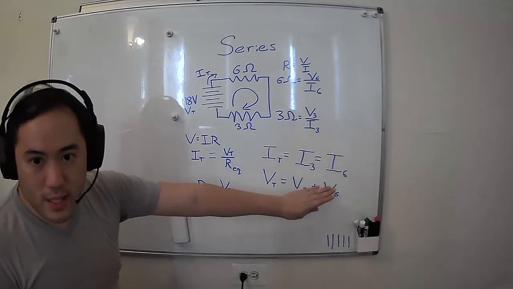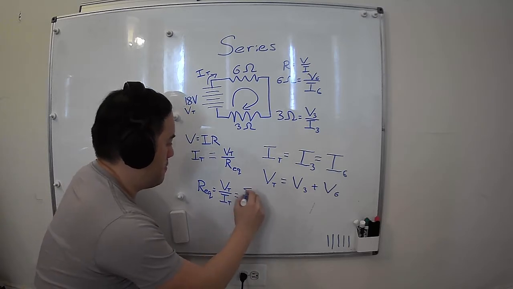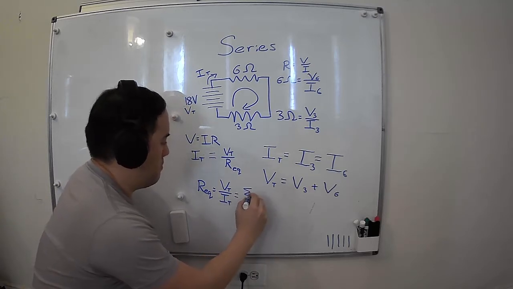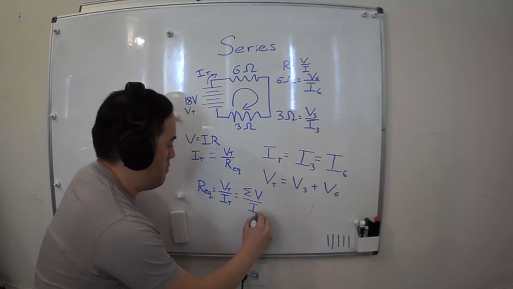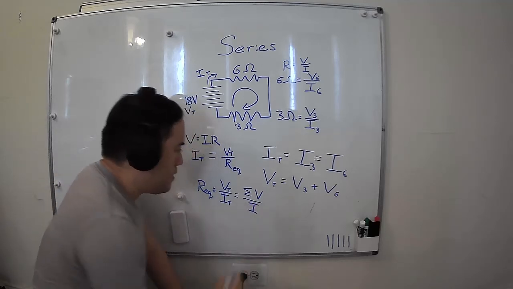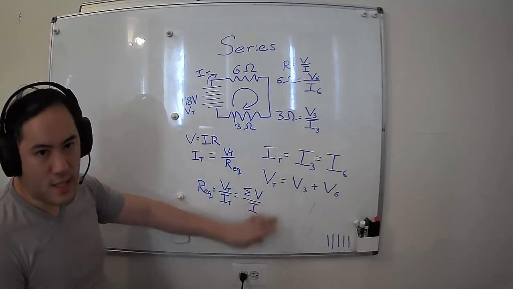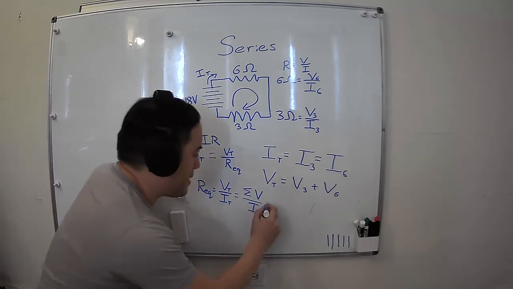Well, V total is the sum of the V's. So it's V3 plus V6. Well, that's equal to this.